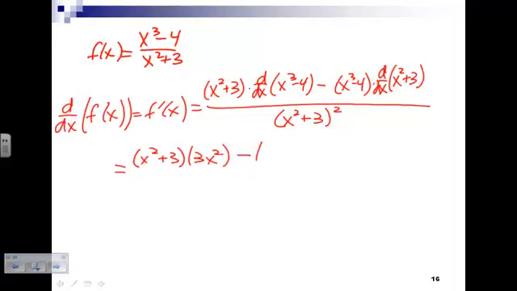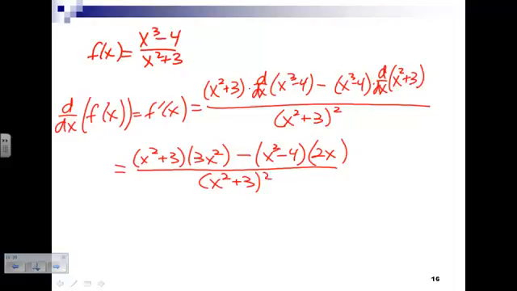Minus, here's the top, and what is the derivative of x squared plus 3? 2x, all over x squared plus 3 squared.